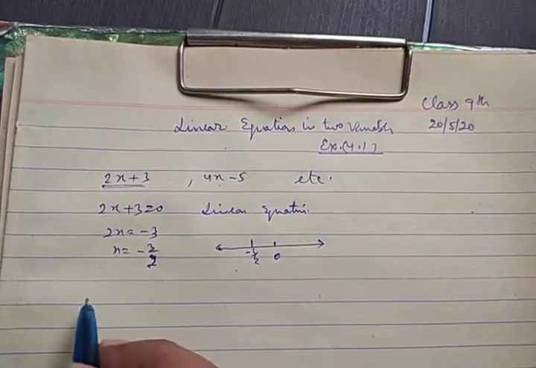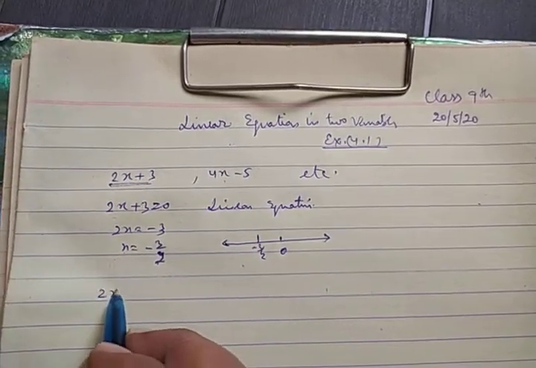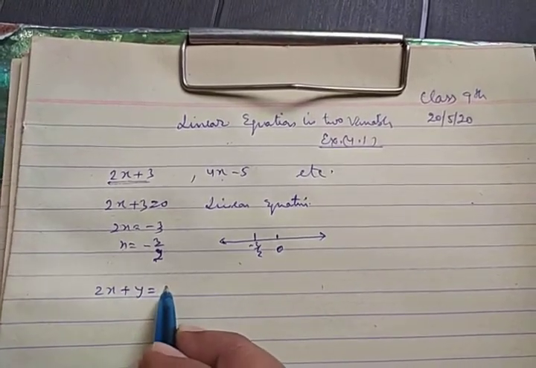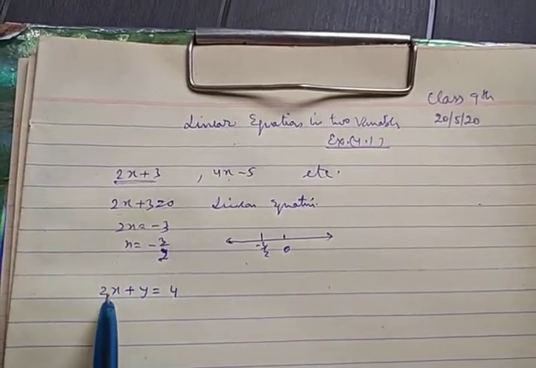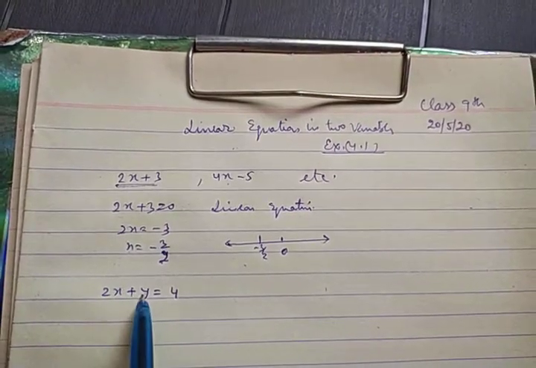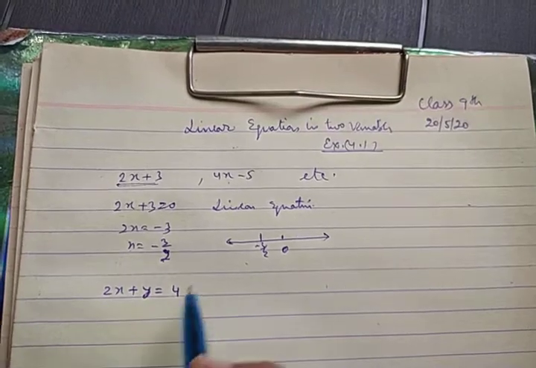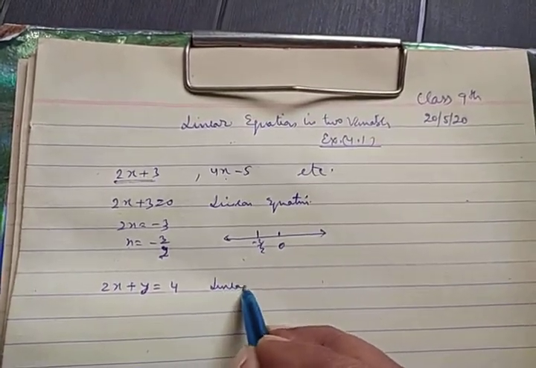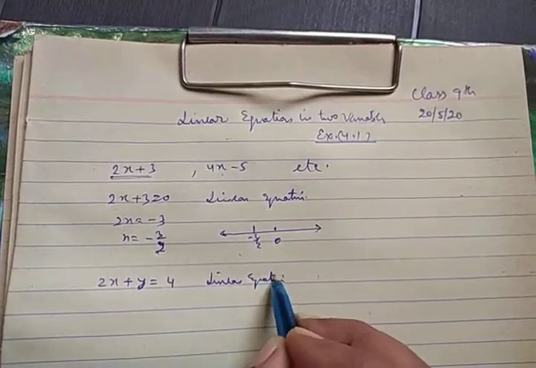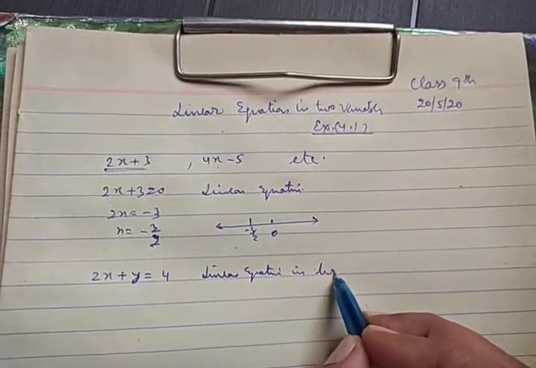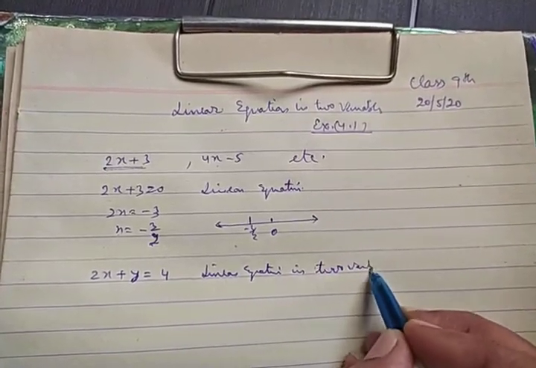Let us take the example. Suppose 2x plus y is equal to 4. This is a relation between x and y given by the equation. This is a linear equation in two variables.